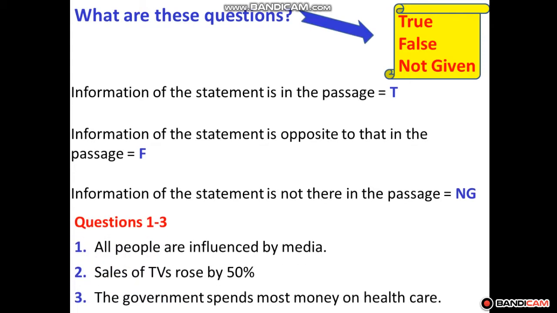Now we have some questions, for example question 1 to 3. One is all people are influenced by media. Second, sales of TVs rose by 50%. And third, the government spends most money on healthcare. Now we have taken them from a text.